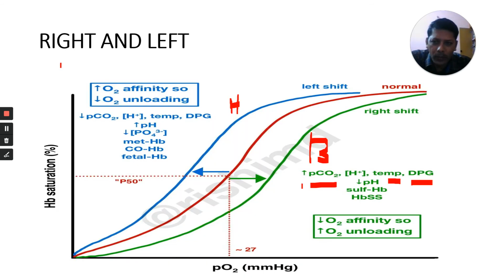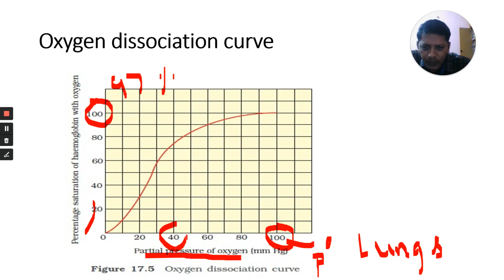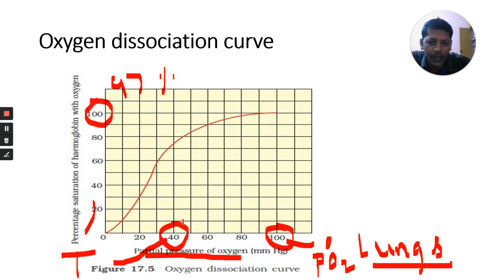But when you come to 40, the partial pressure of oxygen is generally 40 at our tissues. When 100 is at our lung, what happens? Observe here, I am extending this. You can observe this is touching here, less than 80.